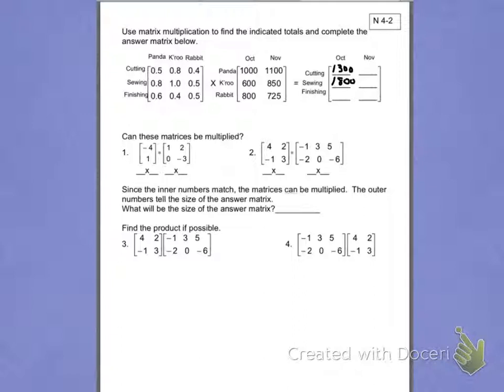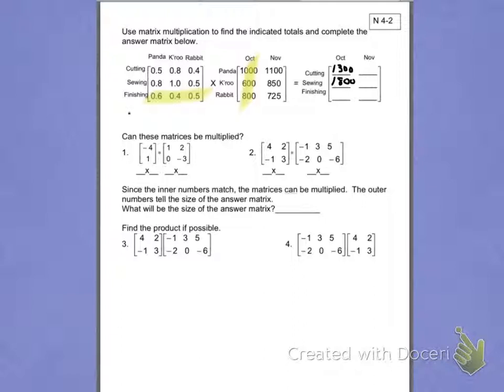Now we do that same process for finishing in October. We would multiply this row by this column, so let's write out what we're actually going to put.